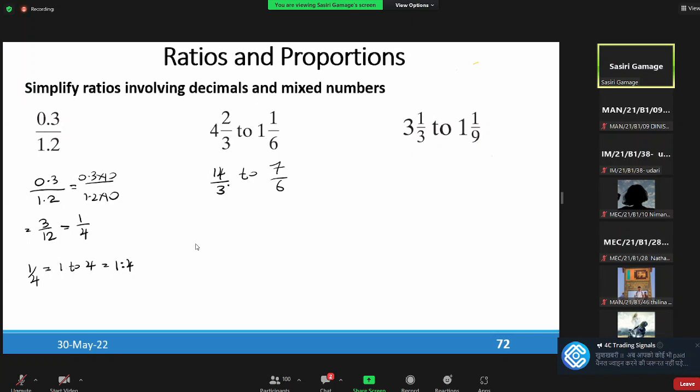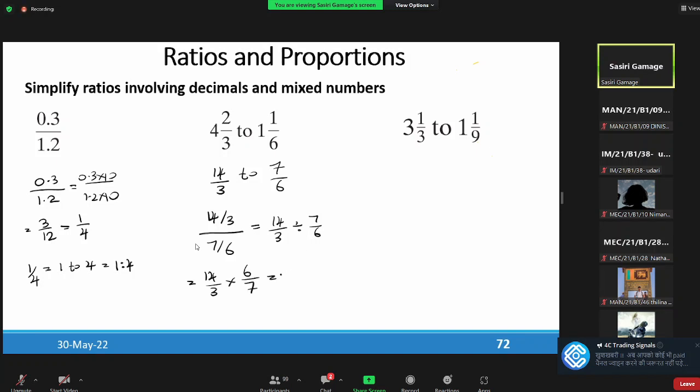Okay. Then we know this is equal to what? You know, this is 14 divided by 3 to 7 divided by 6, and we can write this division as a multiplication by taking the reciprocal of the second part.